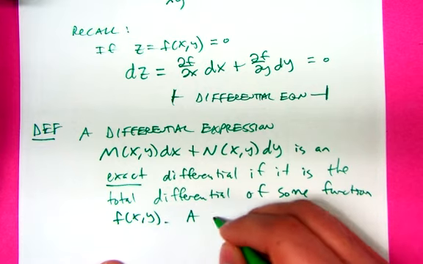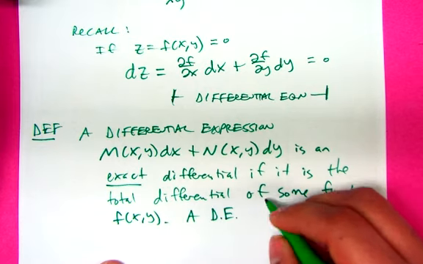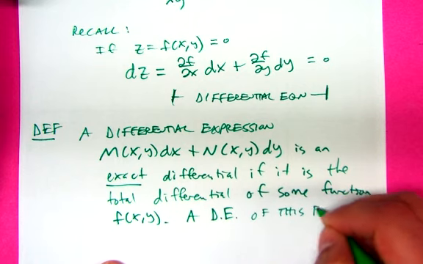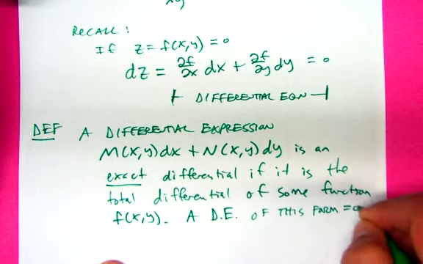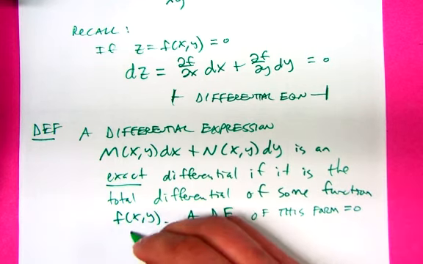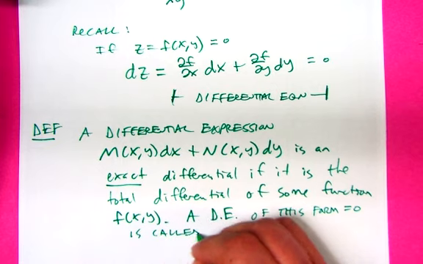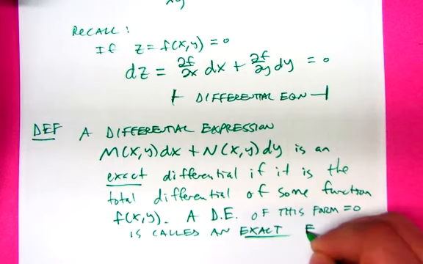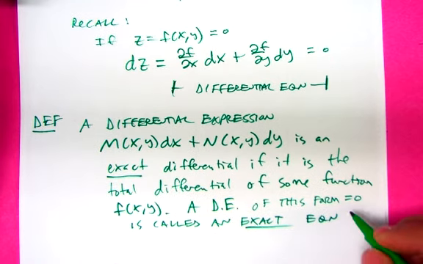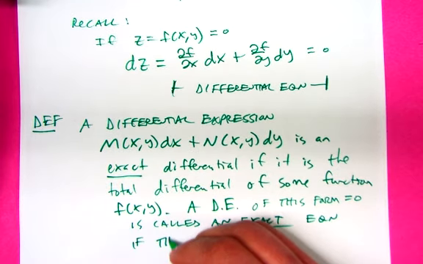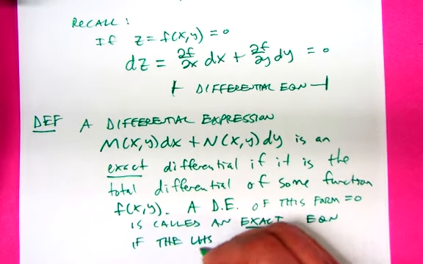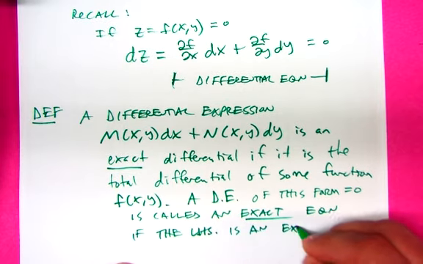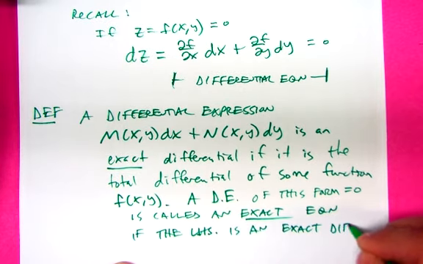A differential equation of this form equal to 0 is called an exact equation if the left-hand side is an exact differential.